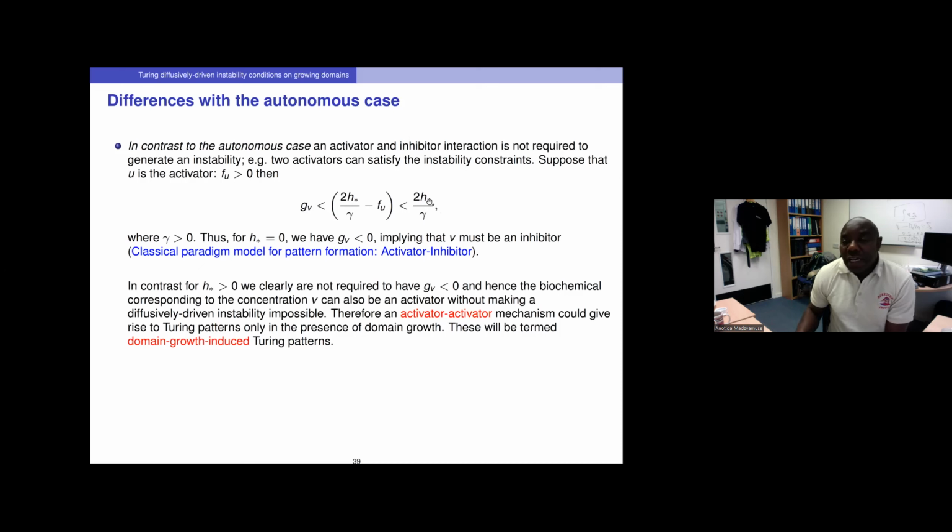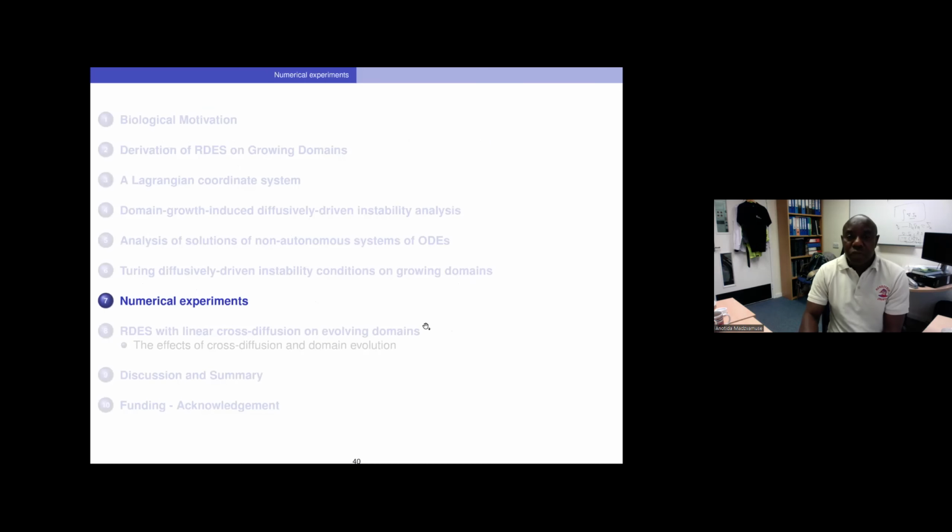But when h star is positive, you only need g of u to be bounded by the rate at which the domain is changing. And so there is no need for v to be really an inhibitor. It could be an activator, and that's what I'm proposing here. You can have an activator mechanism that will give rise to pattern.